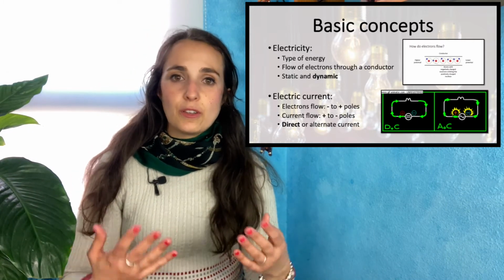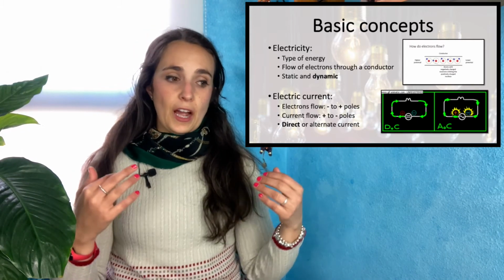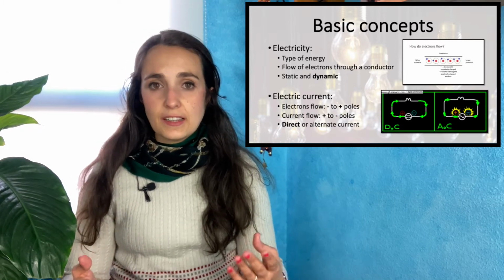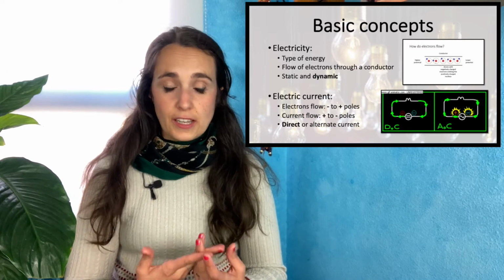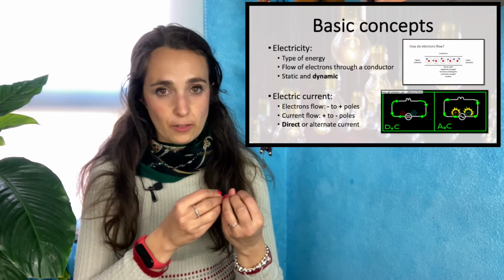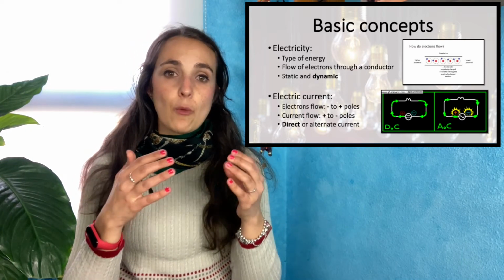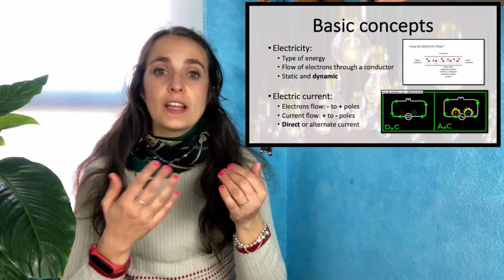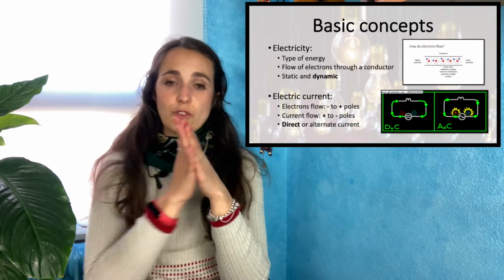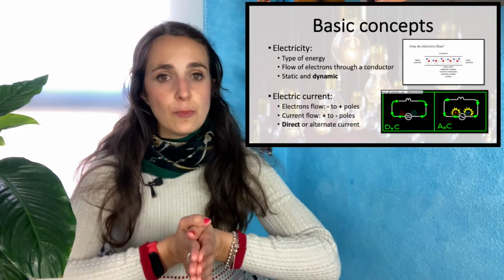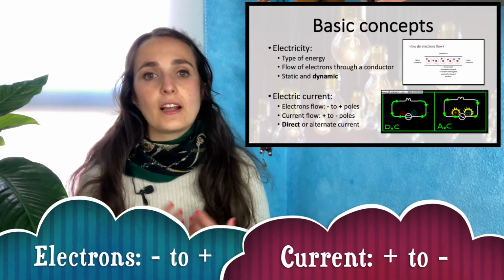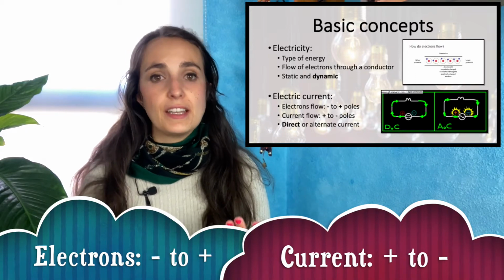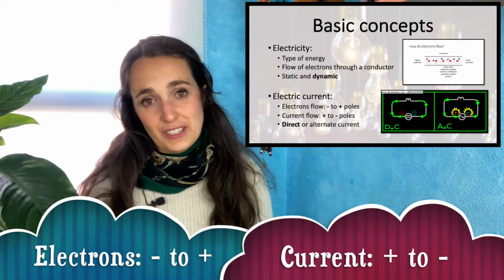Years later, when atoms and electrons were discovered and studied, they found that electrons have negative charges, so of course they go from negative to positive because they repel each other. So in reality, electrons go from the negative pole to the positive pole of the battery, but still we say by convention that the direction of the current is from positive to negative, and that's the funny story.